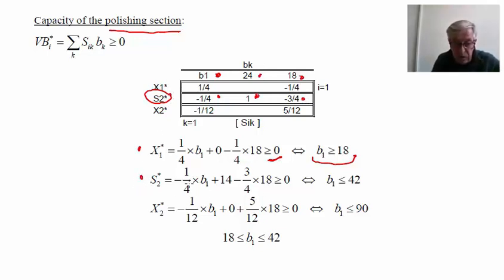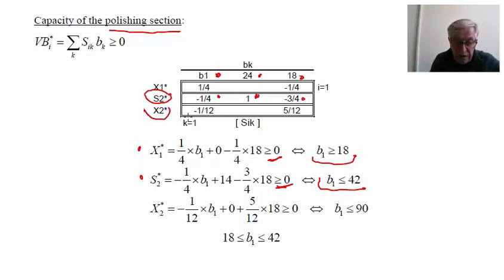So this is the new definition, the new value of this slack variable. If we change the amount of B1, the new value, in order to remain positive, leads to this condition. B1 must be lower than 42 hours.